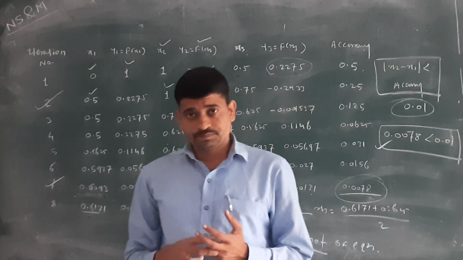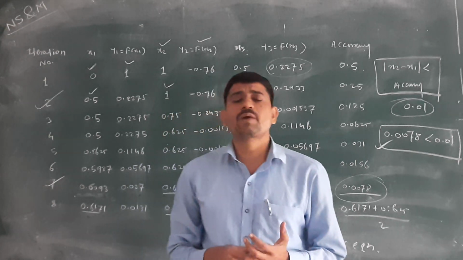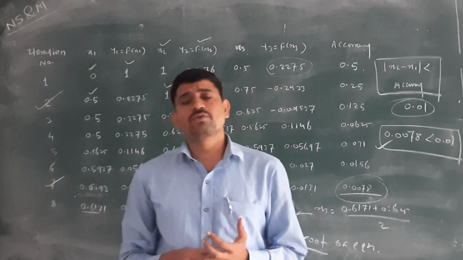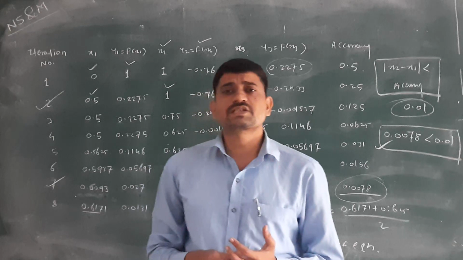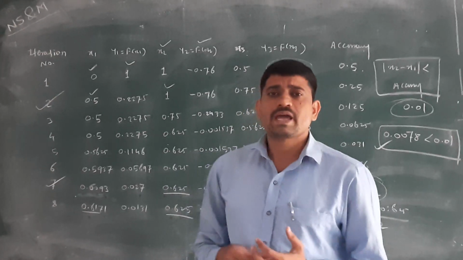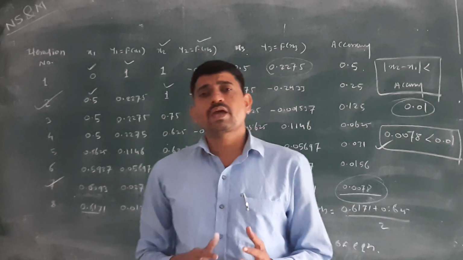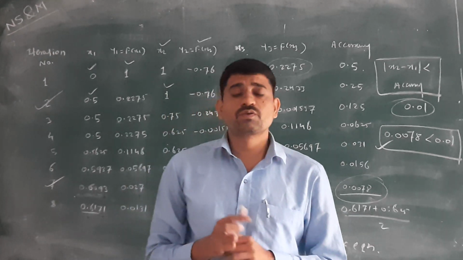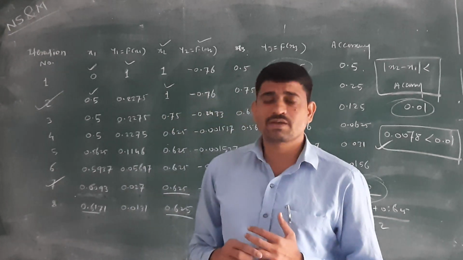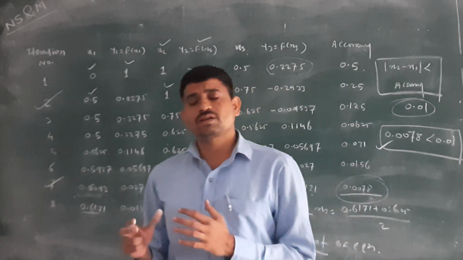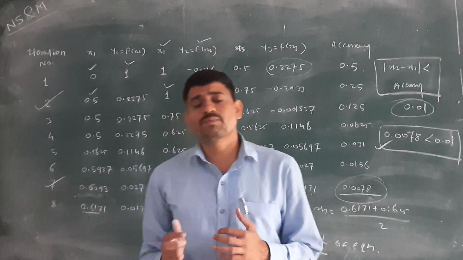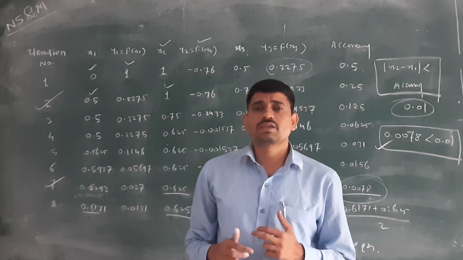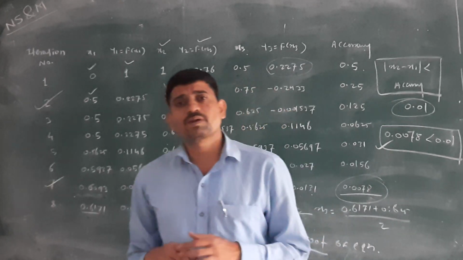In step number 2, you have to apply the bisection method iterative formula. What is the bisection method iterative formula? x3 is equal to x1 plus x2 divided by 2. Okay, you will get the new x3 value. Once you have got that x3 value in step number 2, then you have to go to step number 3.